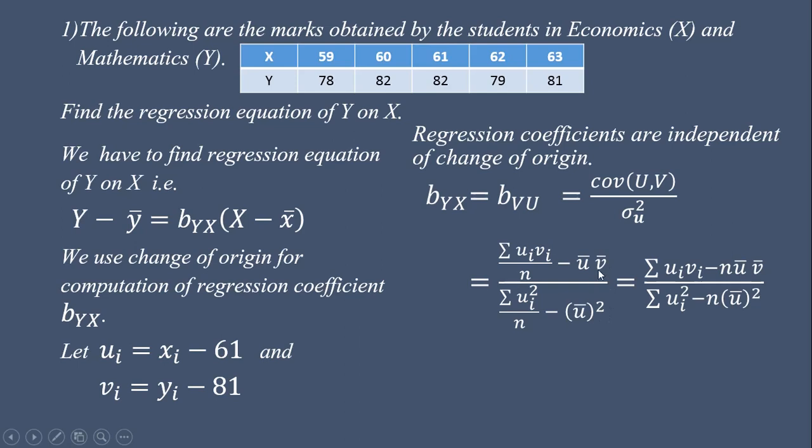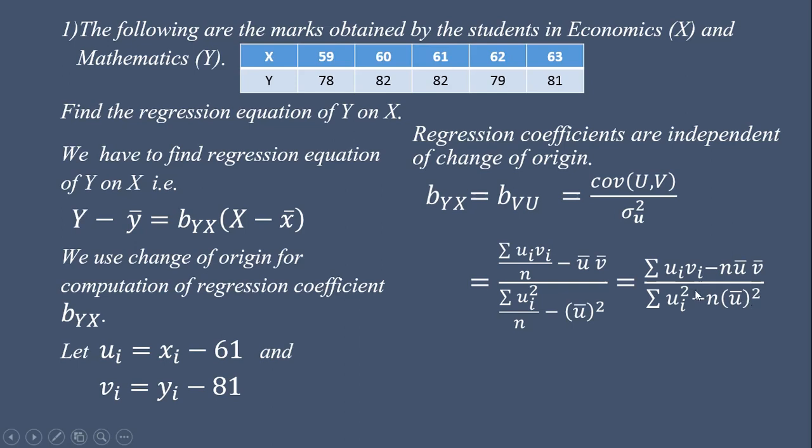Simplifying this formula by multiplying by n and cancelling the common denominator n, we get summation ui vi minus n into u bar v bar upon summation ui square minus n into u bar to the square.